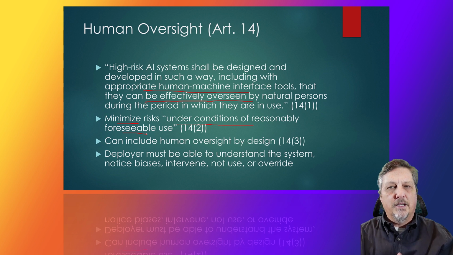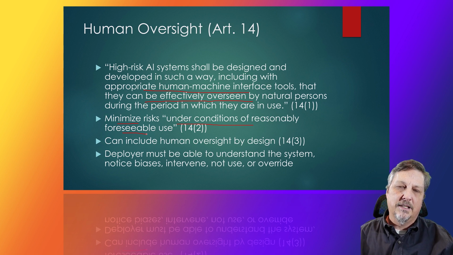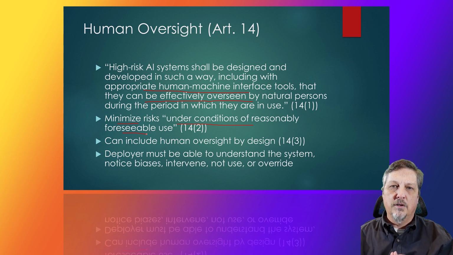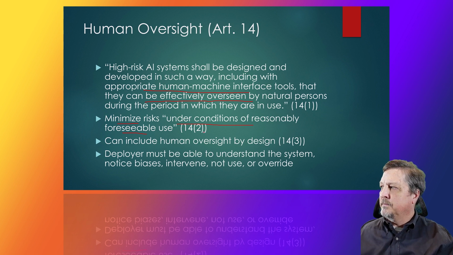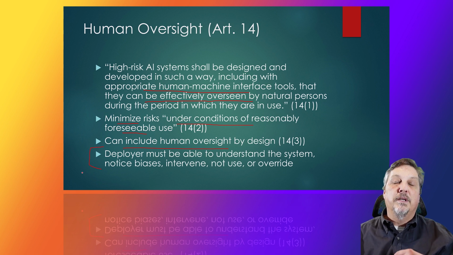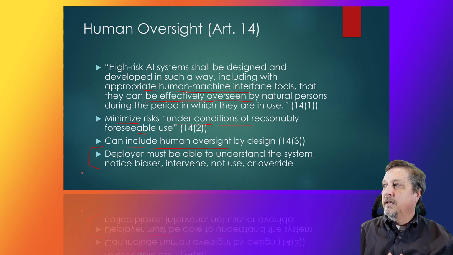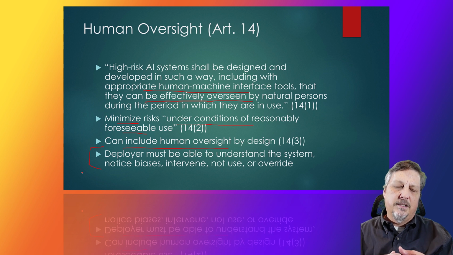So there could be some possible extreme use case that might put it outside of this zone, but the reasonably foreseeable use. And it can include, and in fact, I think Article 14 is meant to incentivize, including human oversight by design. Now, in the privacy space, we speak of privacy by design.